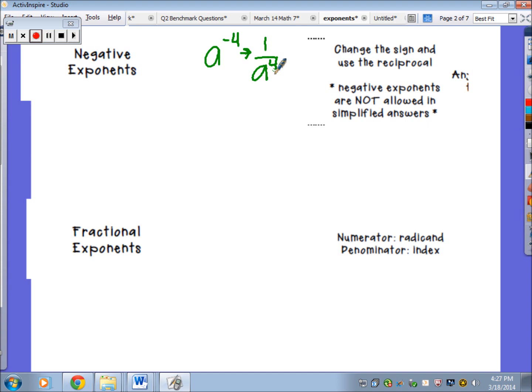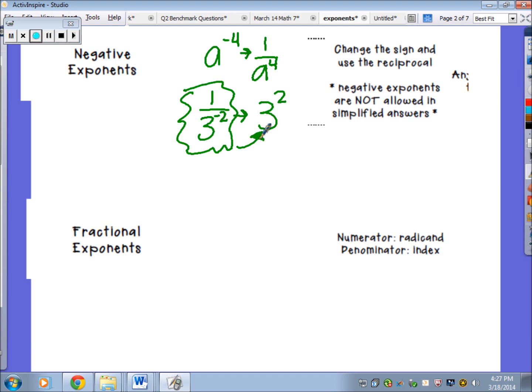Cross the line, change the sign. If we have 1 over 3 to the negative 2, that becomes 3 squared. Negative exponents are not allowed in simplified answers. This is not a simplified answer. This is the answer we're looking for.